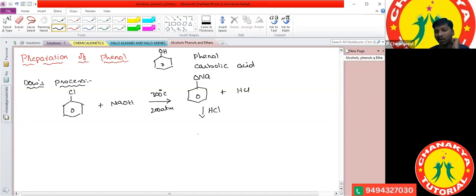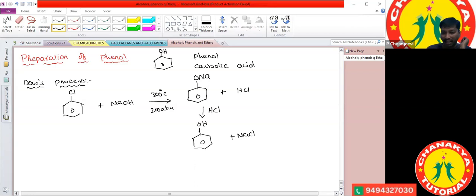Then Na is replaced by H, and the byproduct is NaCl. So the given reaction is called the Dow process. What is meant by the Dow process? Chlorobenzene reacts with sodium hydroxide at 300 degrees Celsius and 200 atmosphere pressure to form phenol.